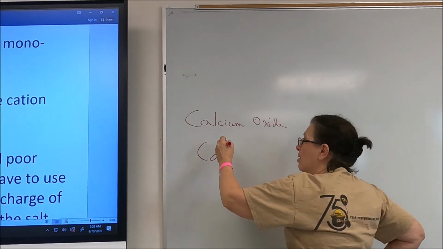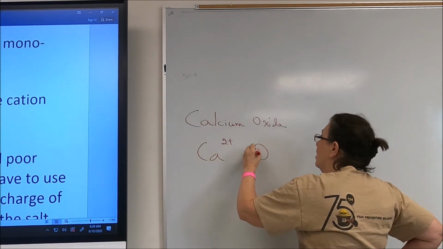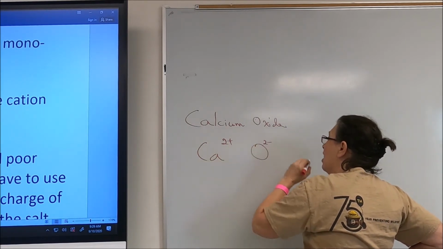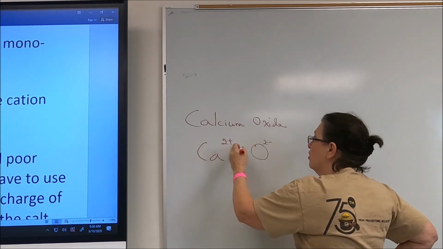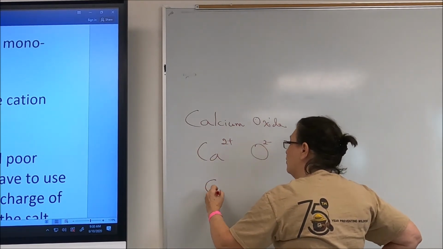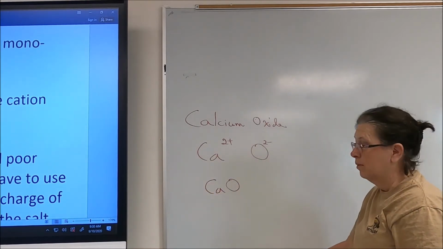It's in the second column on the periodic table, so I know it's 2 plus in charge. Oxide is the oxygen. Oxygen family always has a 2 minus charge. Notice they're the same magnitude of charge, so they just combine 1 to 1, CaO.